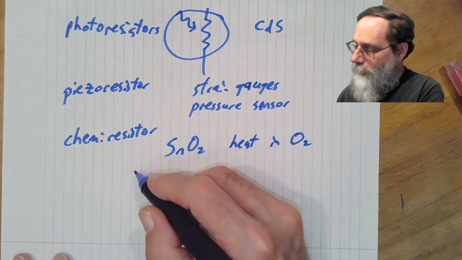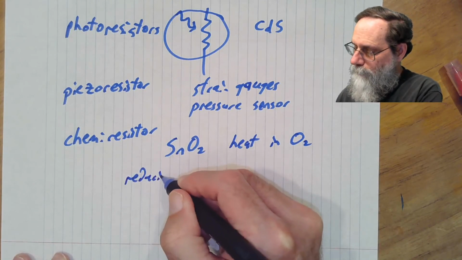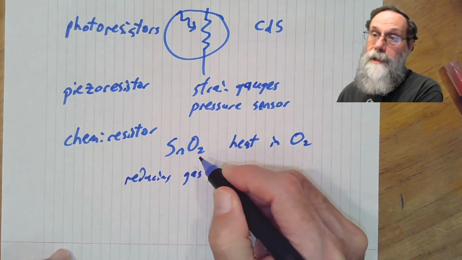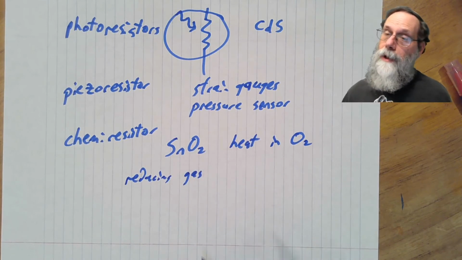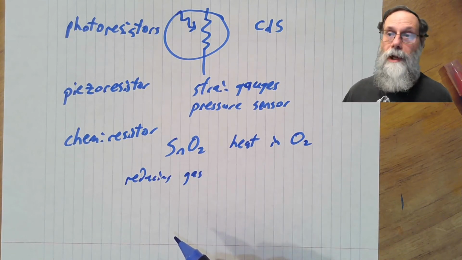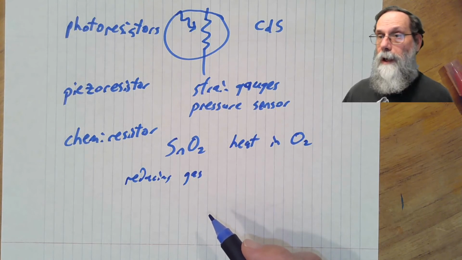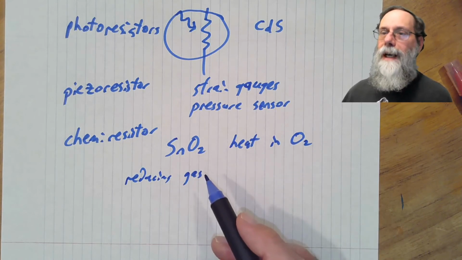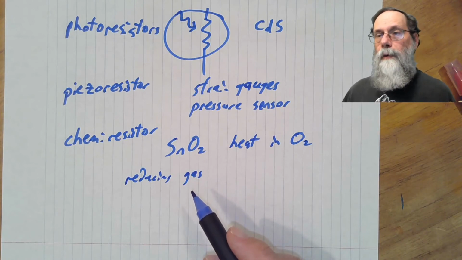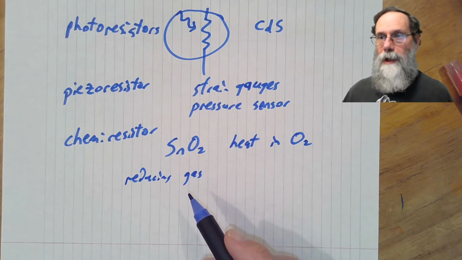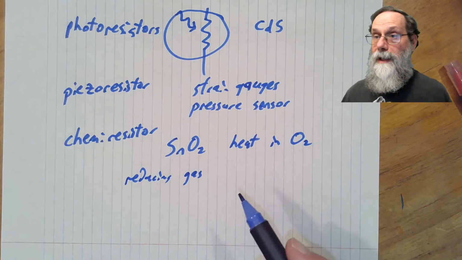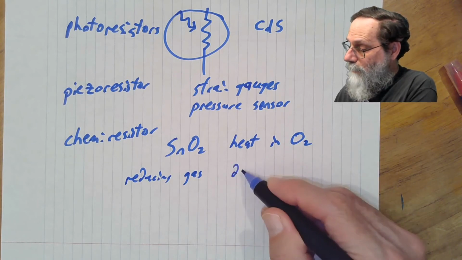Then if you have a reducing gas, the gas that you're trying to detect, it will either interact with the oxygen that's adsorbed onto the surface, or it'll interact perhaps directly with the tin oxide, and it will free up some electrons, and now that decreases the resistance.